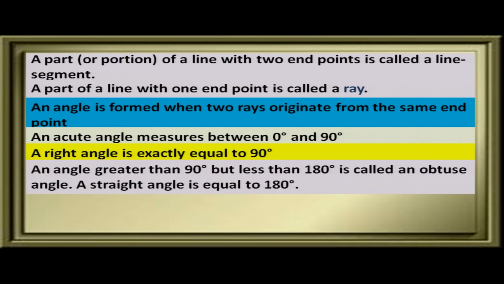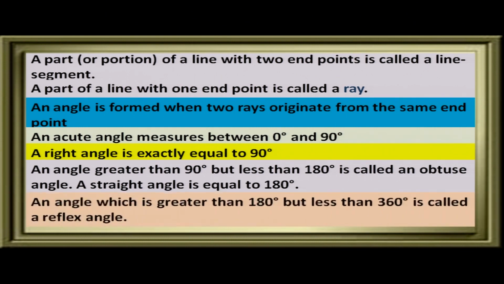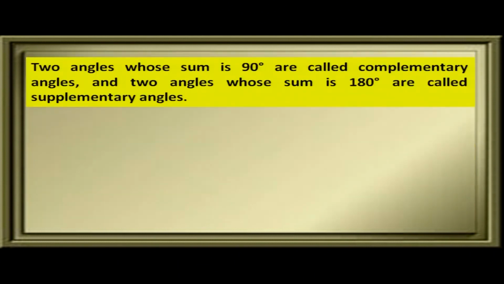An angle greater than 90 degree but less than 180 degree is called an obtuse angle. A straight angle is equal to 180 degree. An angle which is greater than 180 degree but less than 360 degree is called a reflex angle.